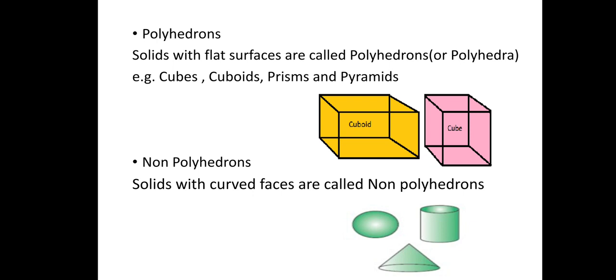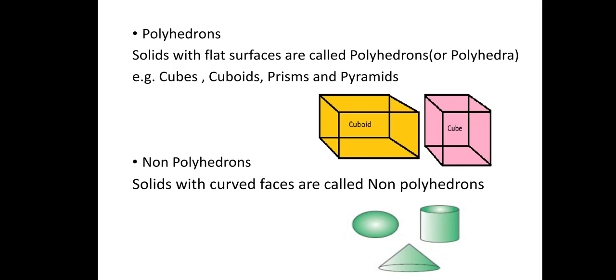And we know that solids with flat surfaces are polyhedrons and solids with curved faces are called non-polyhedrons. Examples of polyhedrons are cubes, cuboids, prisms and pyramids. And what are non-polyhedrons?